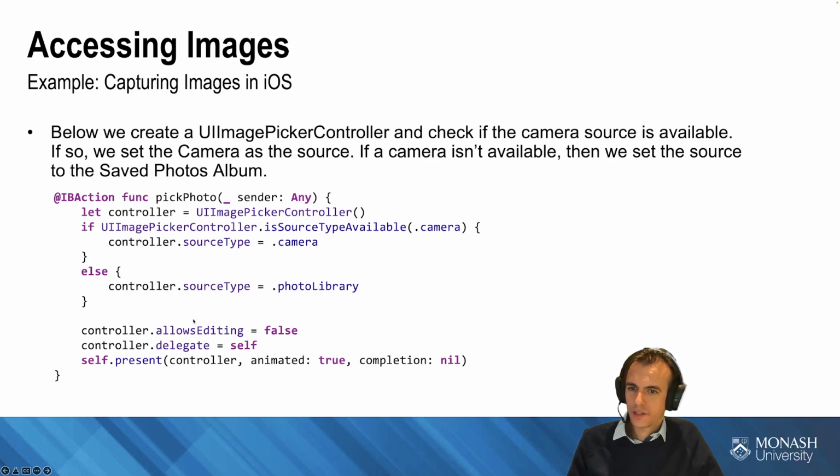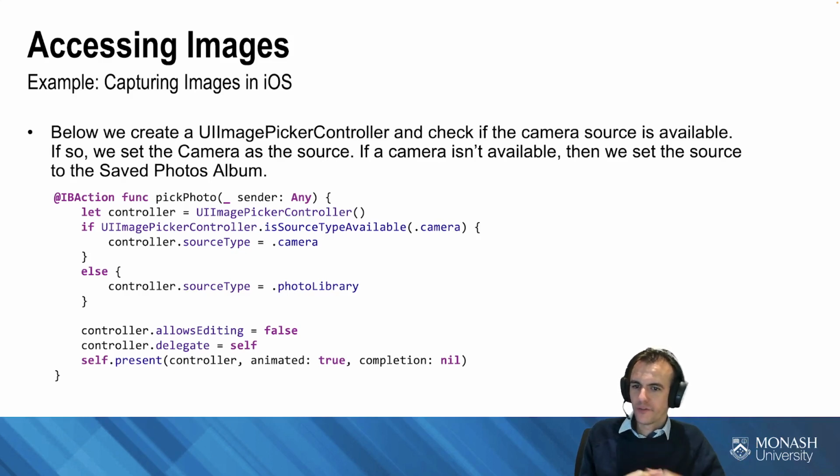We can set some other options, like allowsEditing. And allowsEditing gives the user an interface to crop the image and select a subset of it after they've picked it. So you can either get the original image or the edited version of the image.